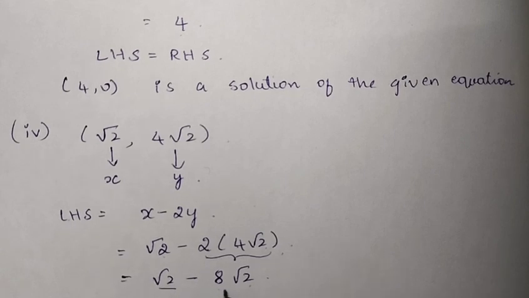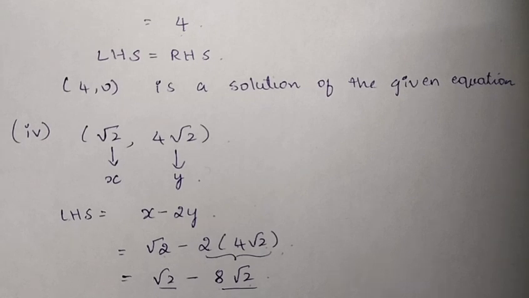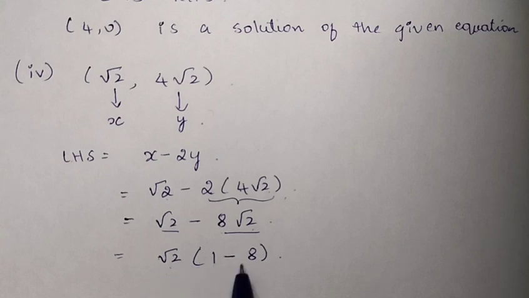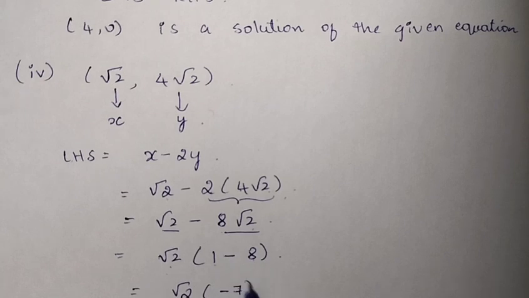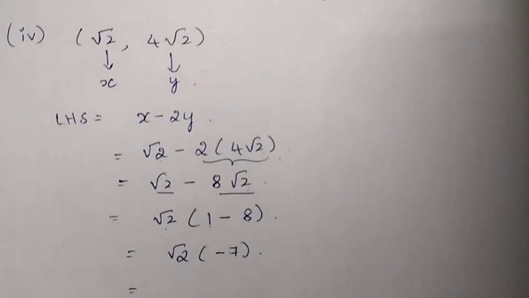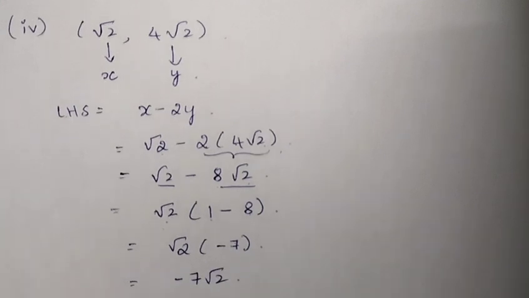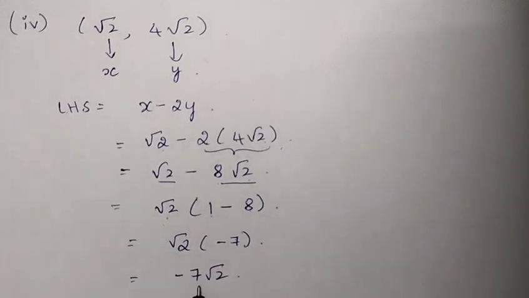Now here in these two terms, we can take out root 2 as common. Root 2 into 1 minus 8. As we have taken root 2 common, we can write it as root 2 into 1 minus 8. Next, root 2 into 1 minus 8 gives us minus 7. Finally, we can write this as minus 7 root 2. So we got the left hand side as minus 7 root 2.